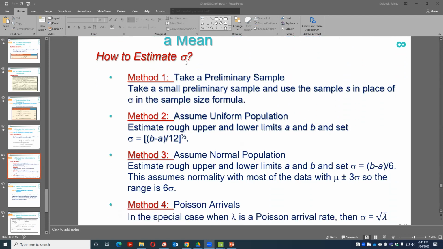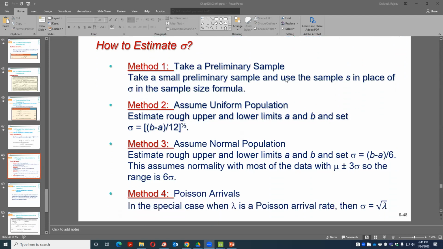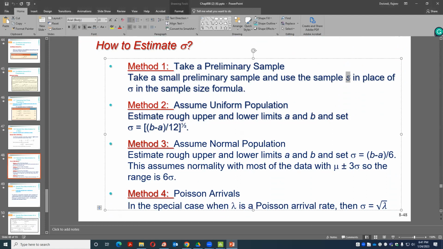So here, how to estimate sigma? First, before going to the actual study, you can take a sample of 20, 30 or 40 people, calculate S based on that sample, and get to know it. Second, assume a uniform distribution; for a uniform distribution, this is the sigma value.